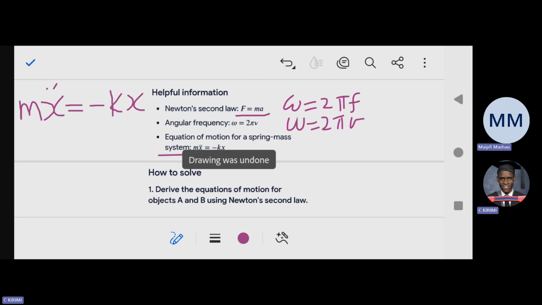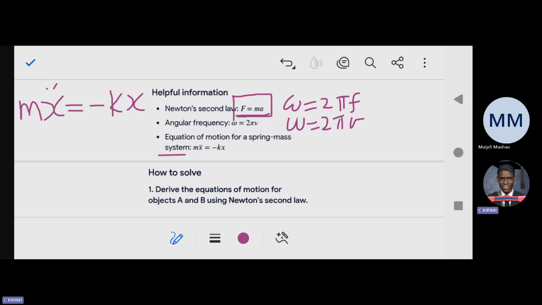I have a question. Why do they use the equation of motion for the spring mass system? Why do they use x, the second derivative? We are using Newton's second law: force is equal to mass times what? Acceleration.